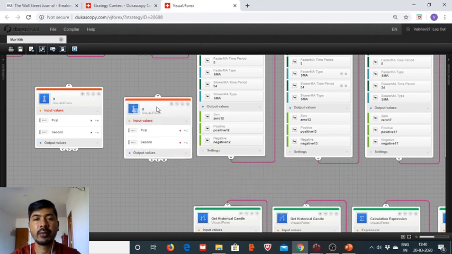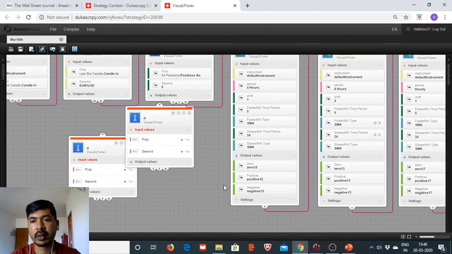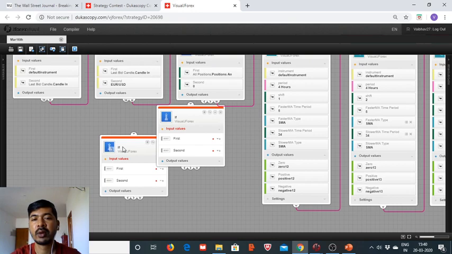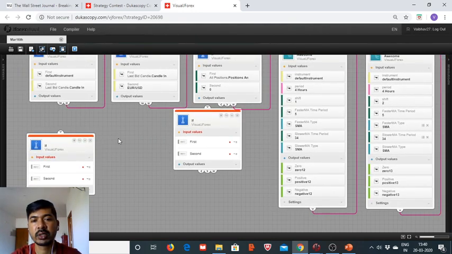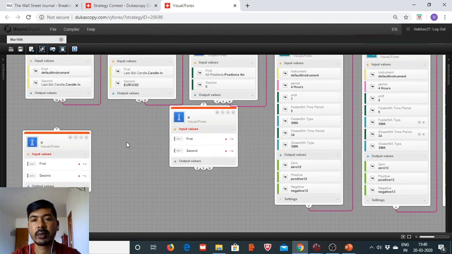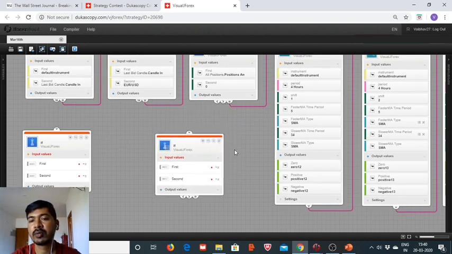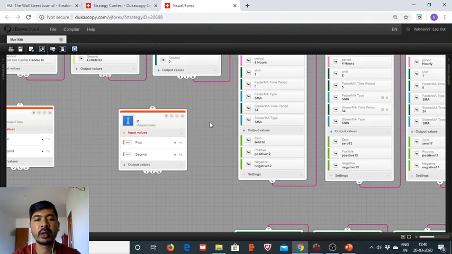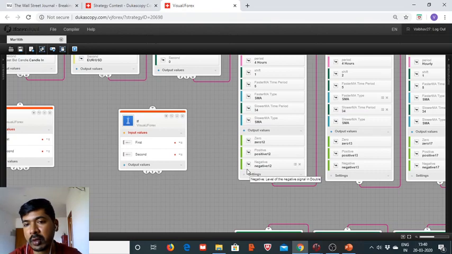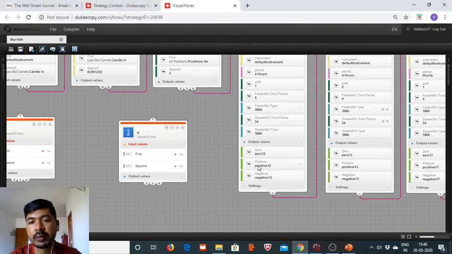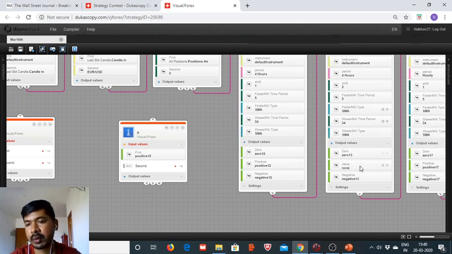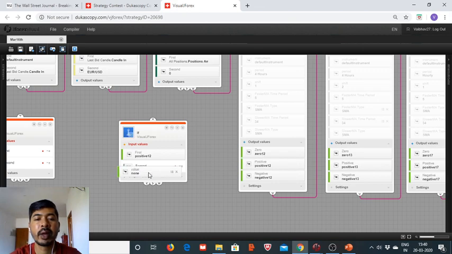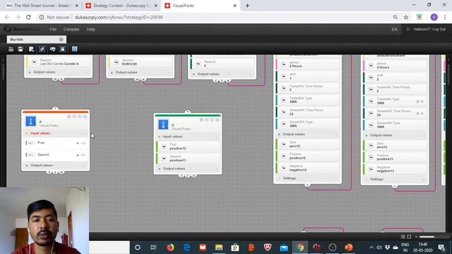So now here we are, and first things first, we will check that the position amount has been checked, and after that we will check the 4 hours candle. And since we are building the buy side, we want the positive value to be greater than the prior candle's positive value.